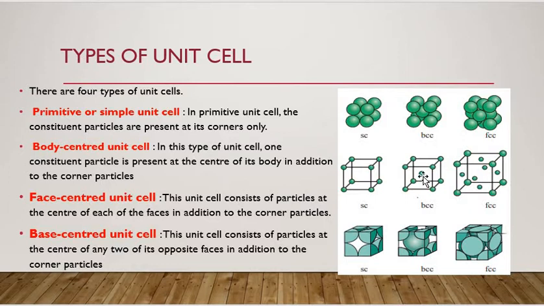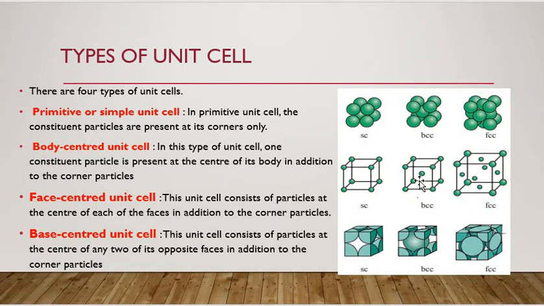Now here I want to tell everyone that the particles which are present at the corner of the unit cell, or at the lattice point, are shared by other unit cells also. The particles present at the corner would not solely belong to one unit cell.